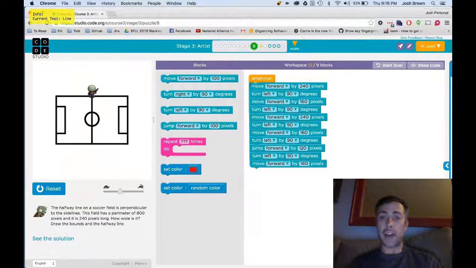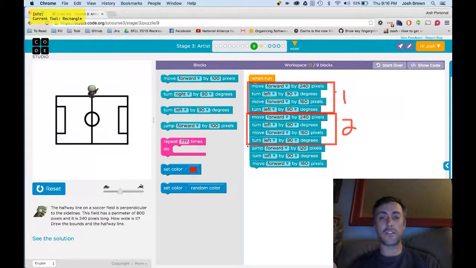One pattern that I see is that these first 4 moves right here, we're doing them once. Then we look, and these are the exact same 4 moves. These are definitely candidates to be put inside of a repeat block. And how many times would we be repeating them? We were repeating it once here, and then twice for that one.